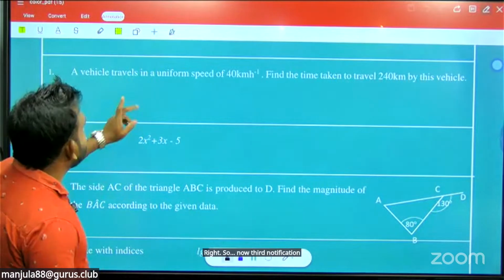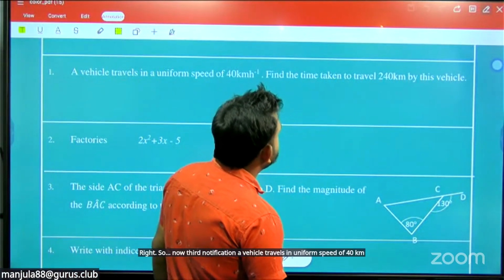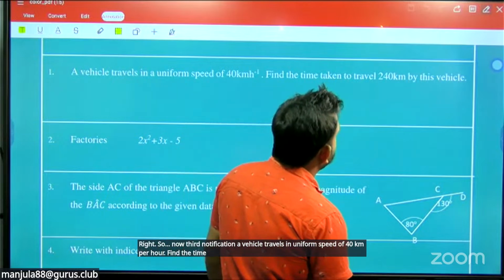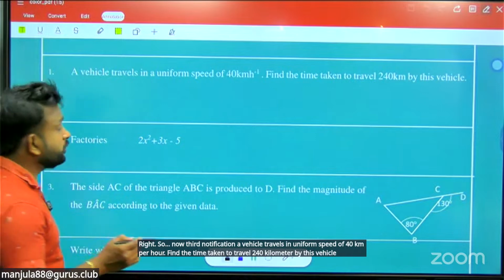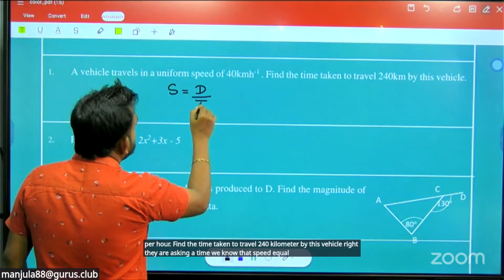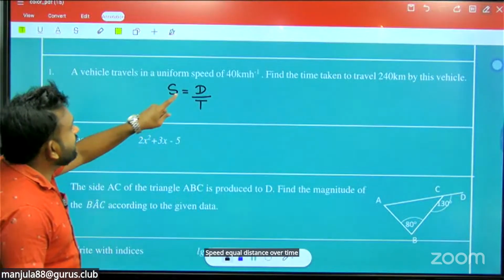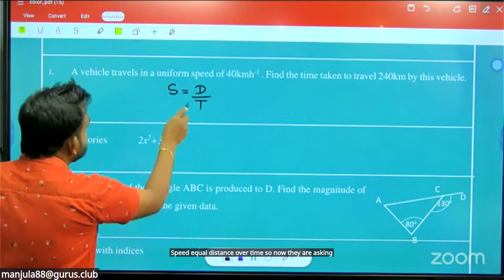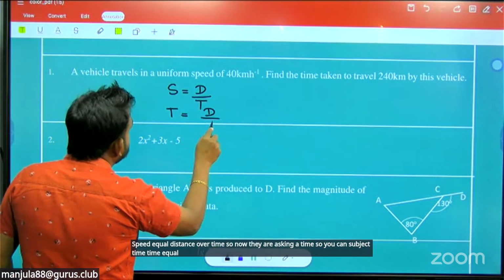A vehicle travels at a uniform speed of 40 km per hour. Find the time taken to travel 240 km by this vehicle. They're asking for time. We know that speed equals distance over time. So now they're asking for time, so you can make time the subject. Time equals distance over speed.